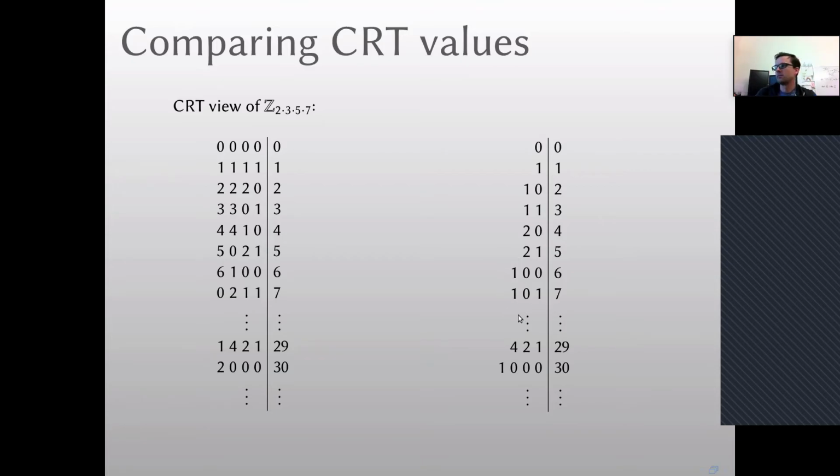So this is like the normal base system, but the different digits have a different modulus. The ones digit works mod 2, the twos digit is mod 3, the threes digit is mod 5, the fives digit is a value mod 7. This is called the primordial mixed radix.